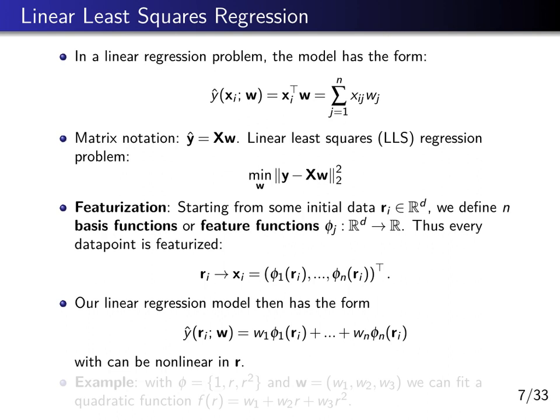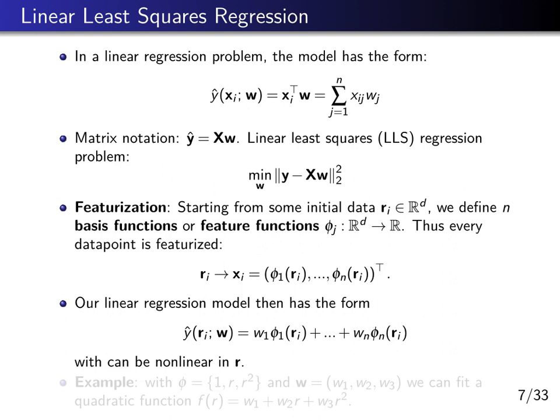So every data point is featurized by applying all the feature functions phi 1 through phi n. So that means our data matrix X has a size of the number of data points times the number of feature functions. And our linear regression model then has the following form.